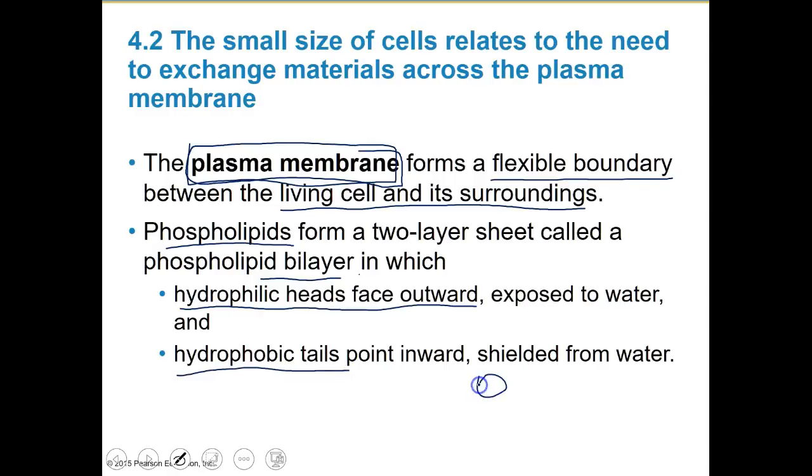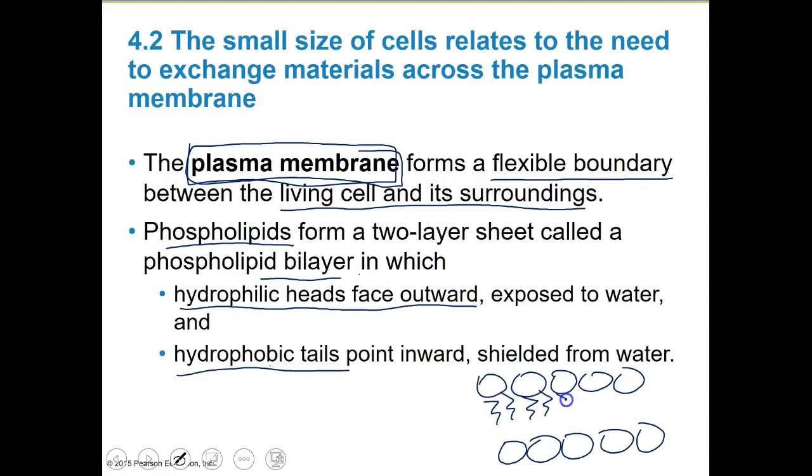So the heads look like this in a row, and we're going to do a bilayer real quick. And then they've got these hydrophobic tails, little chains, and they look like this. The thing about these little phospholipids is they always look like little jellyfish waving at each other. Look at them, they're waving at each other.